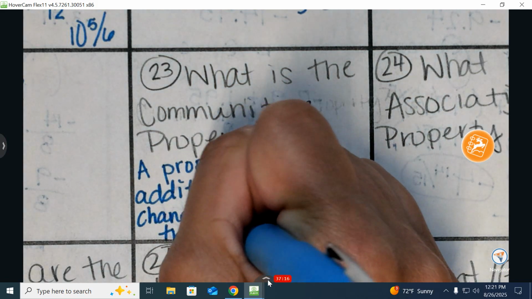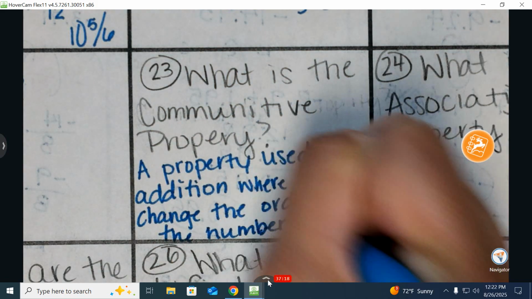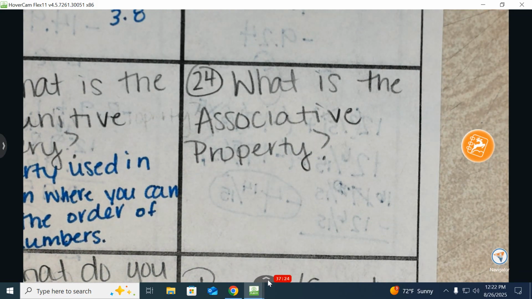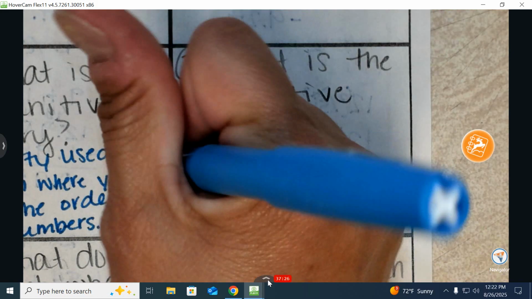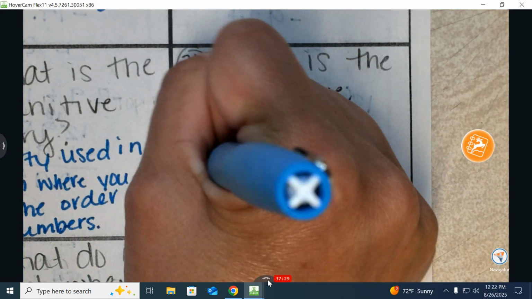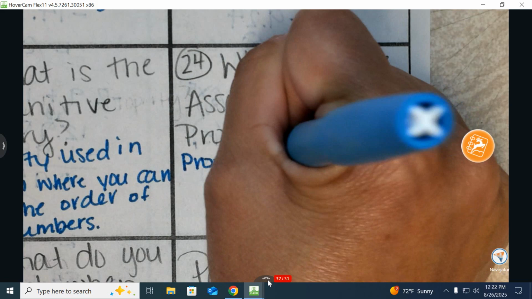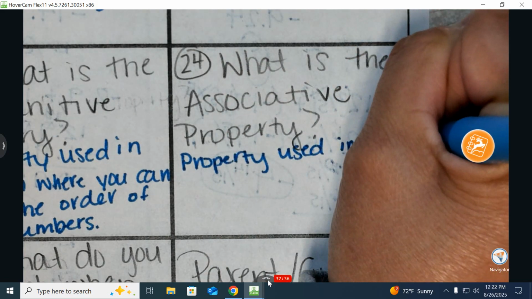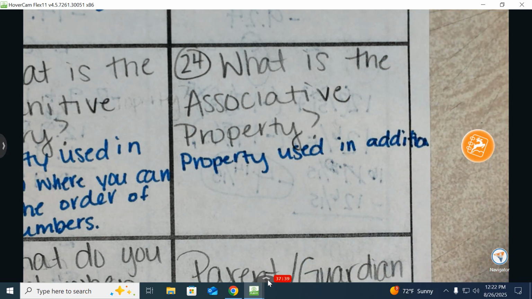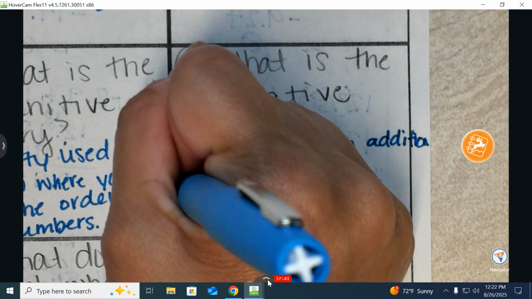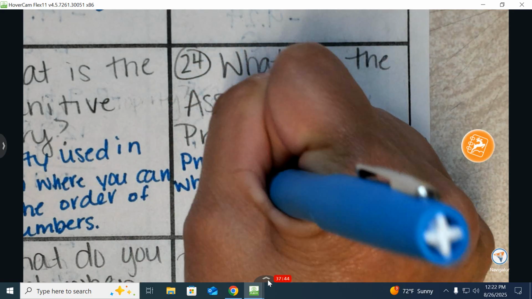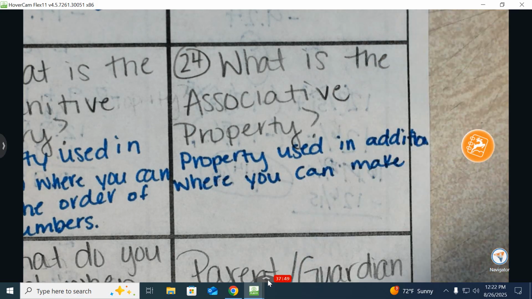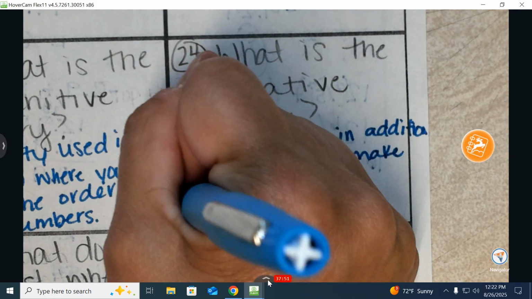And this is only done in addition. It is not done in subtraction. All right. Then what is the associative property? It is a property used in addition where you can make different groupings.